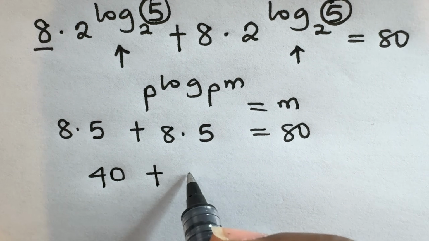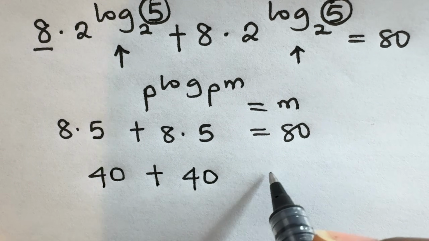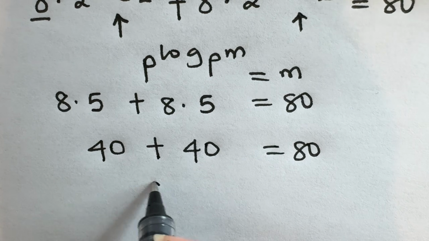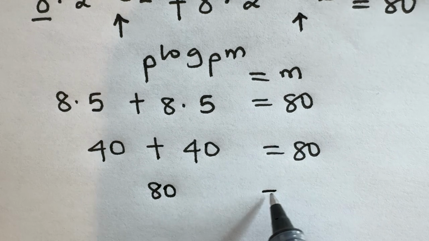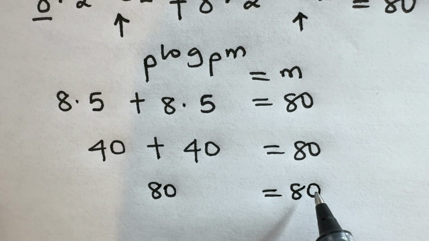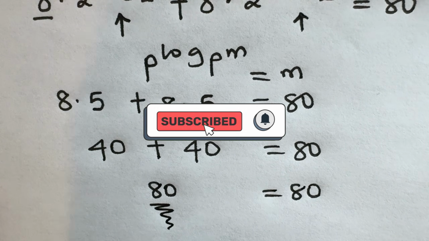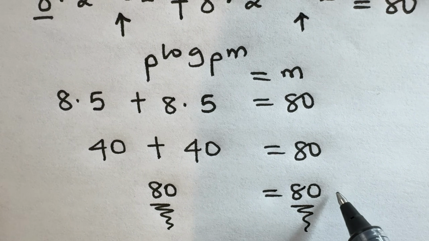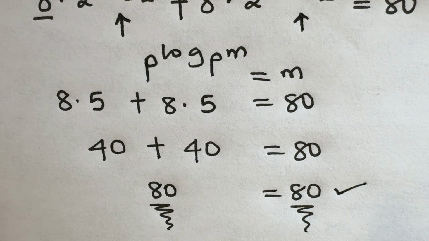Then plus 8 times 5 again, 40 to give us 80. 40 plus 40 is 80. So we have 80 is equal to 80. And since the left-hand side is equal to the right-hand side, that confirms that the solution we just got for a is perfectly correct.